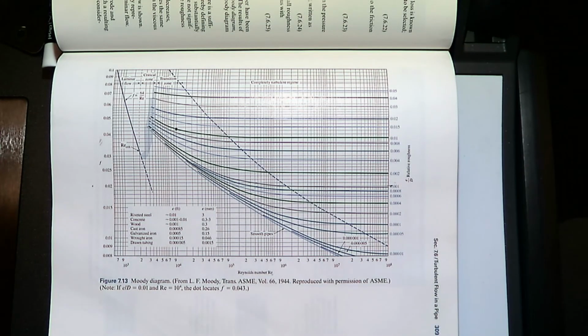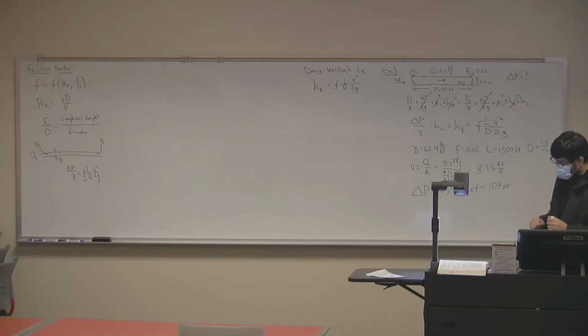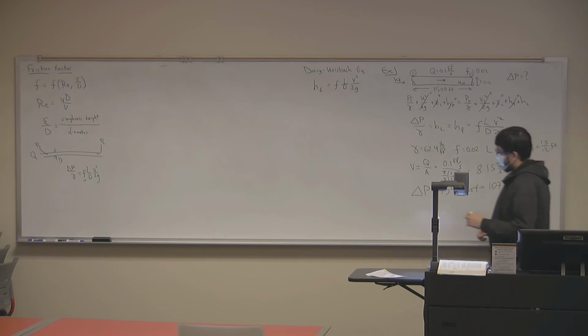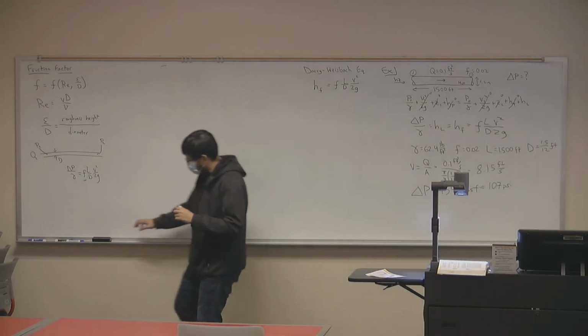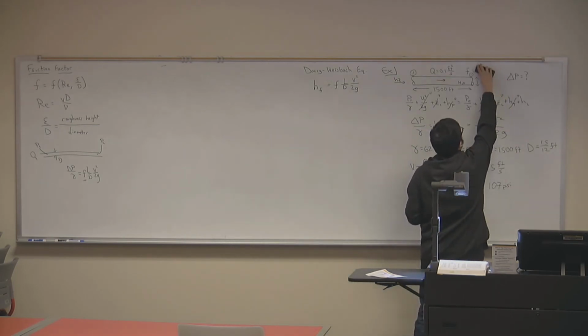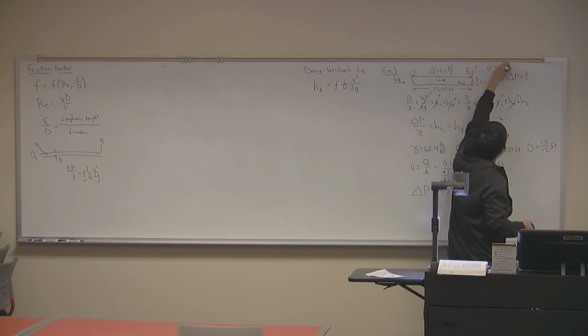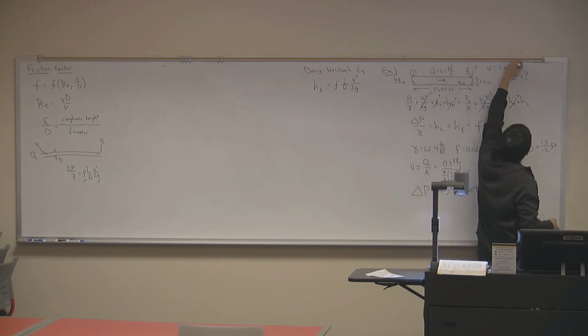So let's try a couple of exercises just to make sure that we actually know how to use this Moody's diagram, okay? How about we try this example again? But let's say, right, we're going to have a similar setup. Let's say that we don't know our friction factor. And because the fluid is water, the kinematic viscosity is 1 times 10 to the negative 5 feet squared per second.